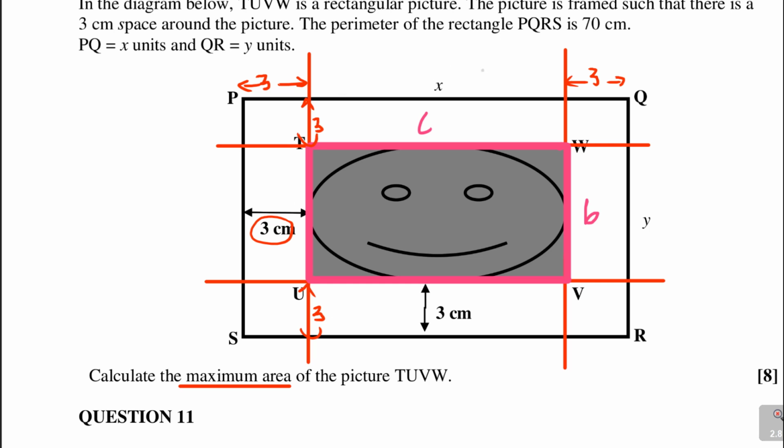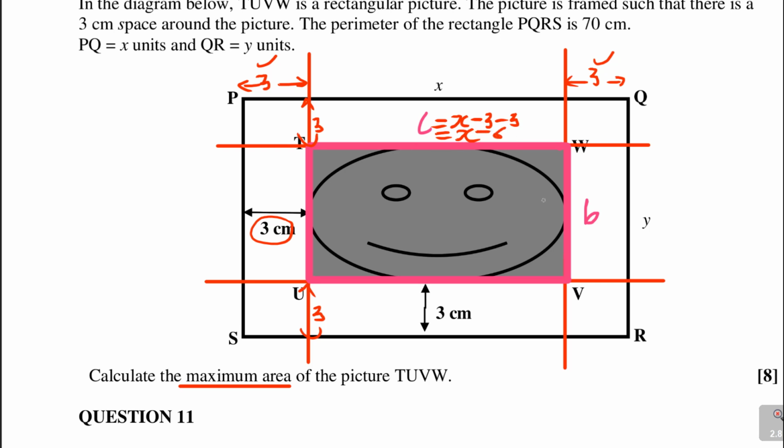It means 3 plus 3 gives me 6. So this length here is equal to the total x minus the first 3 minus the second 3. So if you are going to say minus 3 minus 3, it's as good as saying x minus 6 here.